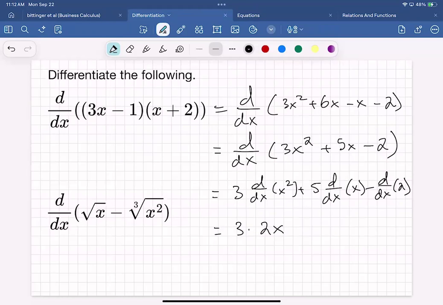Right, just 1 there. So this would be plus 5 times 1 minus 0. So just cleaning that up a bit, we just get 6x plus 5.